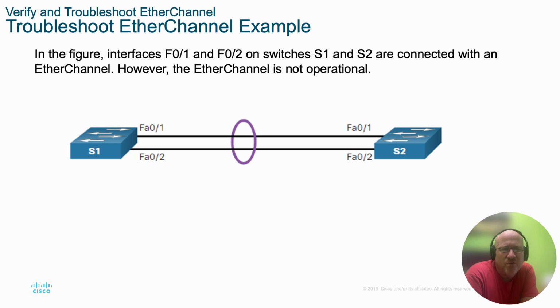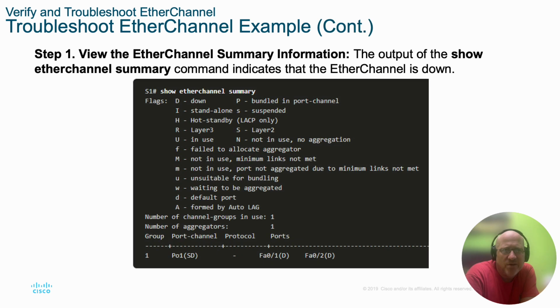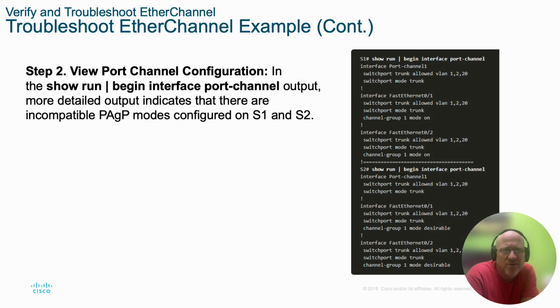This scenario talks through a port channel setup for EtherChannel. The trick is show etherchannel summary first. It'll immediately tell you if the EtherChannel is down, and then you can do the show run and look at your settings. Always look at your config first. Have you mistyped?